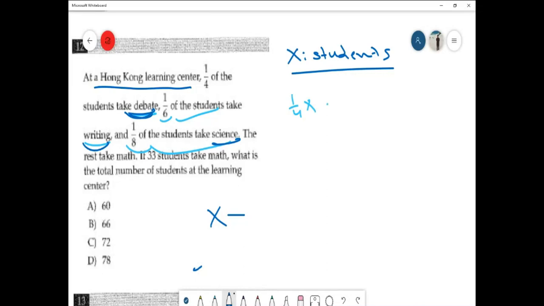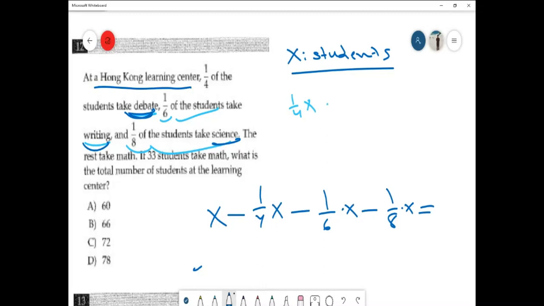This is the number of students, all of the students. I'm subtracting these three courses' students: debate, writing, and science. When I subtract these students, the remaining will be the students who are taking math. So I know that, which is 33, then I will find x.